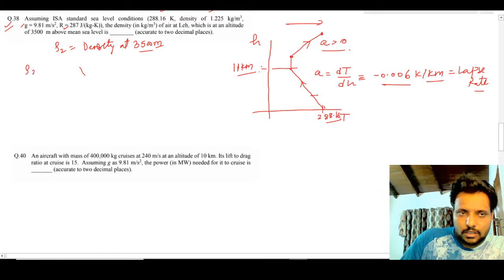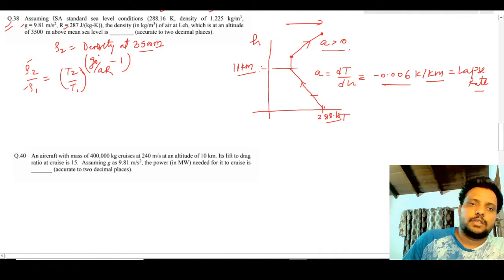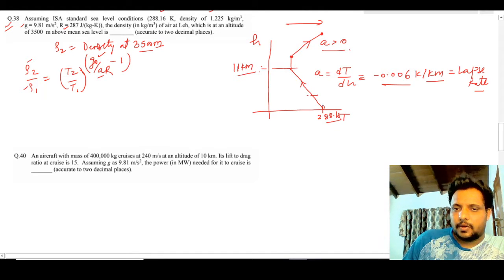So rho 2 by rho 1 is the ratio of two densities at different altitudes: rho 2 at 3500 meters and rho 1 at sea level conditions. The relation between temperature and density is given by this formula, with exponent g naught upon aR minus 1, where g naught is 9.81, a is minus 0.006, and R is 287. T1 is this point and T2 is this point.